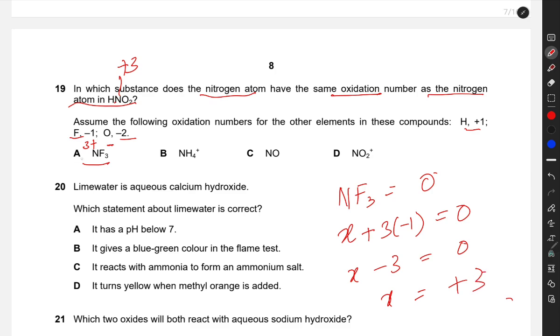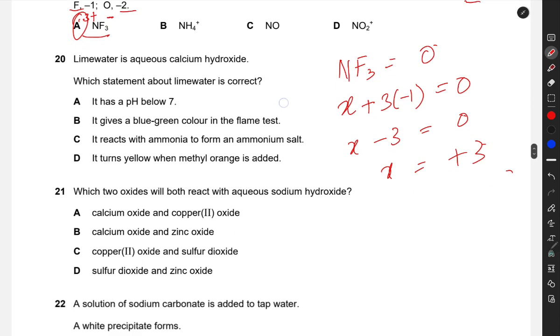So this statement is correct, N carrying 3 plus charge. In this way you can calculate and check all these compounds by using this method. So A is the correct option.